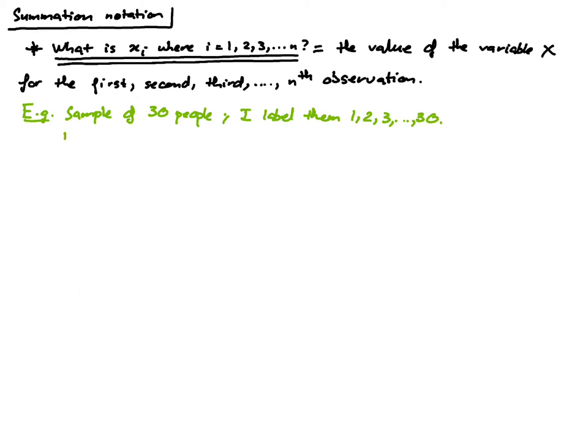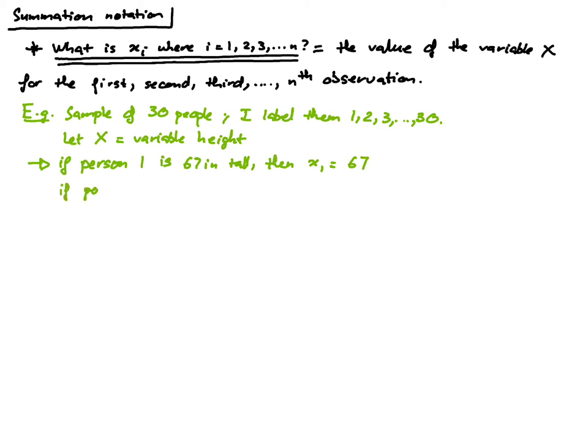Let x be the variable height. Then if person 1 is 67 inches tall, then x sub 1 is equal to 67.